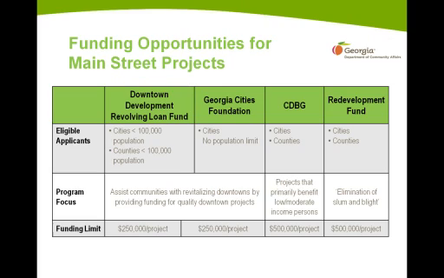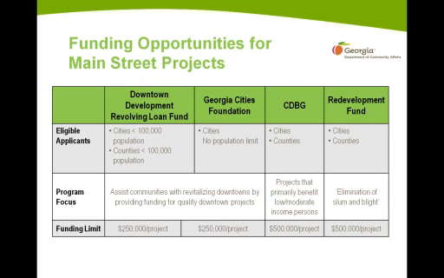So besides the Downtown Development Revolving Loan Fund, what are some other funding activities for Main Street projects? The Georgia Cities Foundation, which was established in 1999, is a 501c3 organization and a nonprofit of the Georgia Municipal Association.